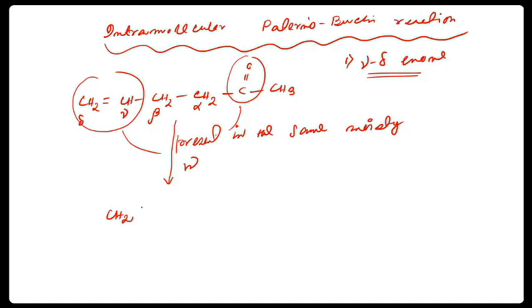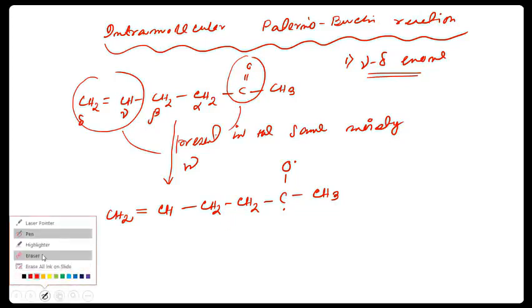O dot, we will get the double bond, CH, CH2, O dot, C dot, CH3. Then what will happen? If we just redraw the molecules, then you will see how the structure looks. Wait, here I am going to redraw it.